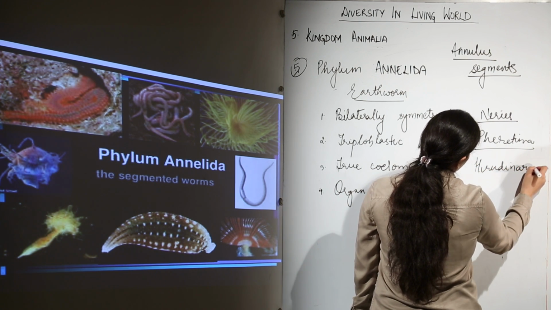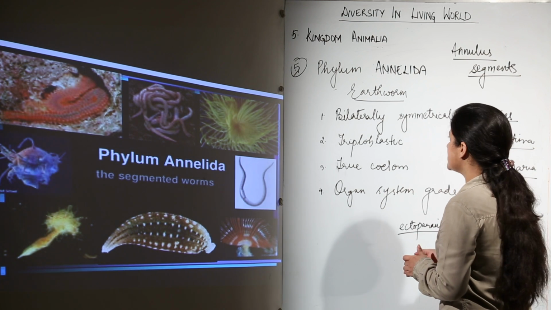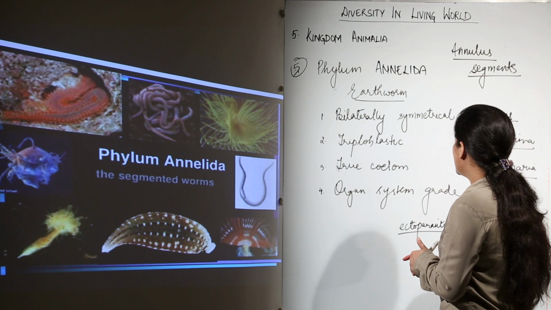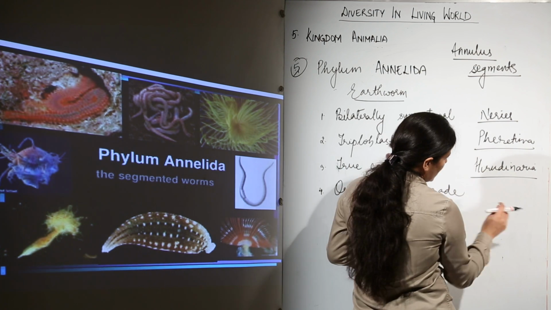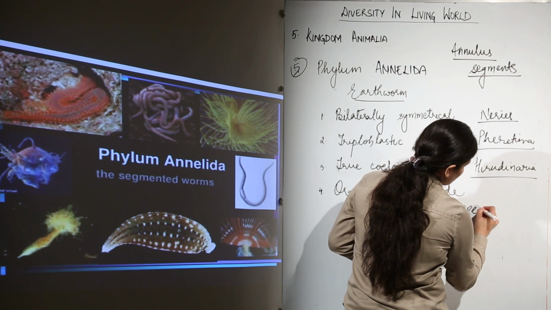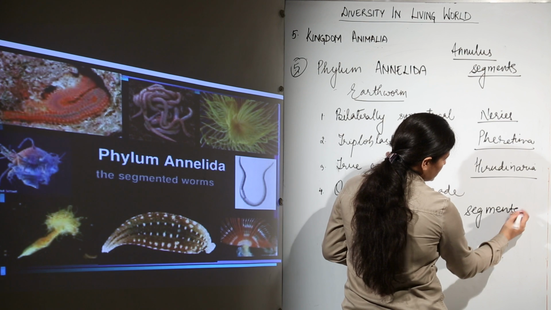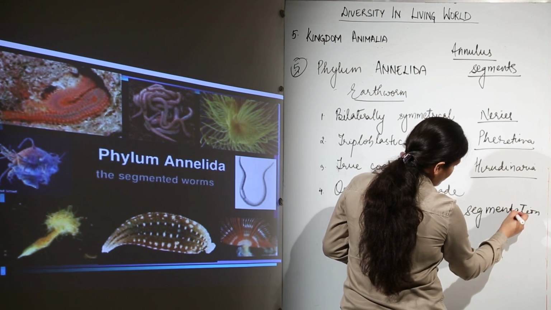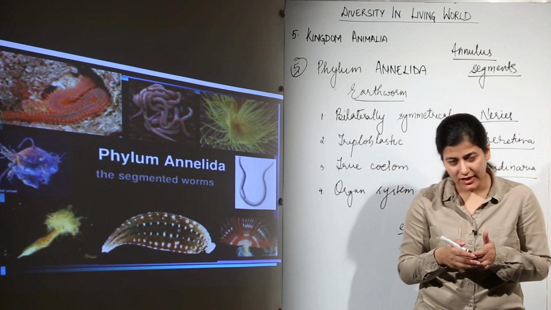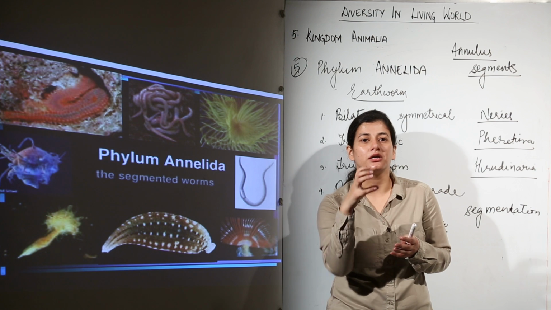So you have to remember these examples, you have to learn these characteristic features, and you have to bear in mind that there is one term that is to be introduced, that is segmentation of the body. The organs which are present inside the coelom are arranged in such a manner that each segment has a particular organ.